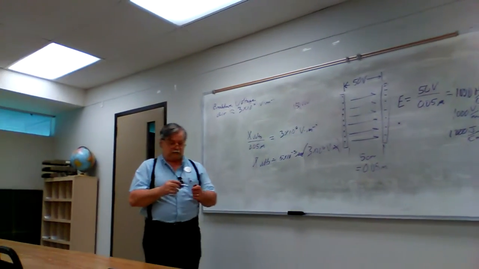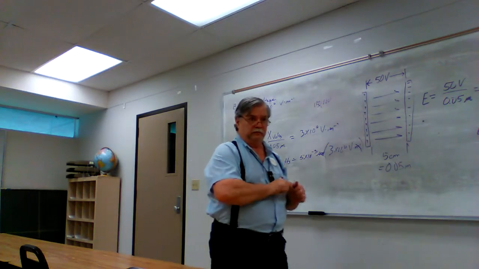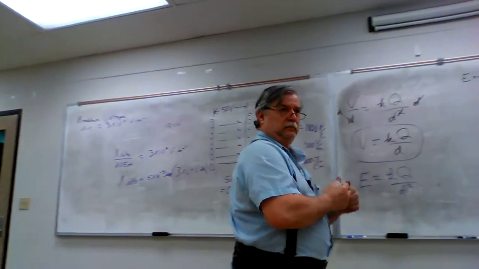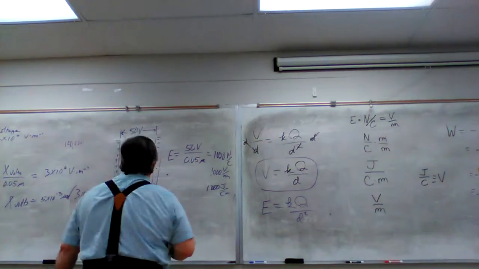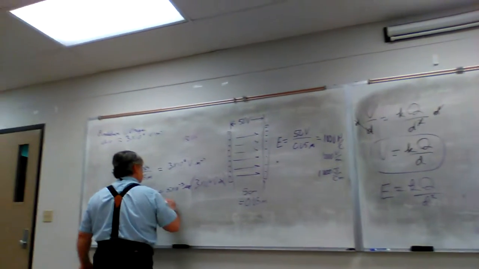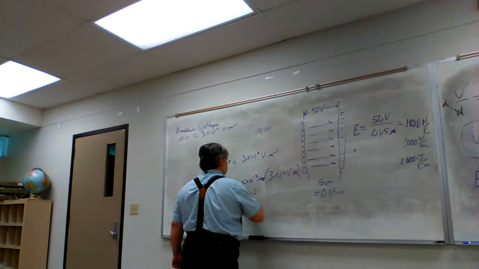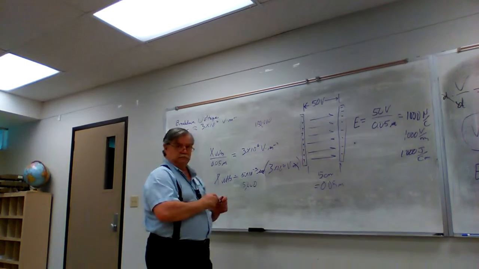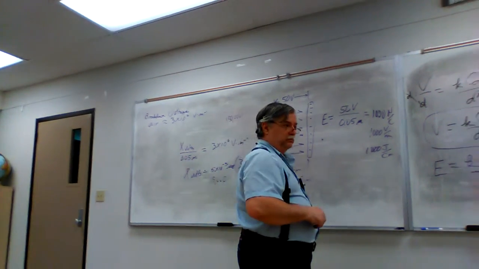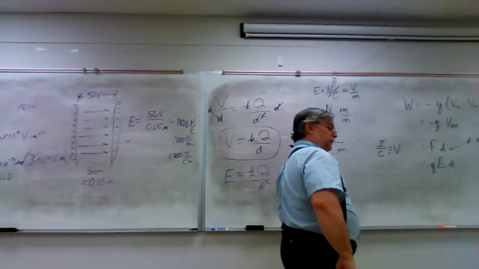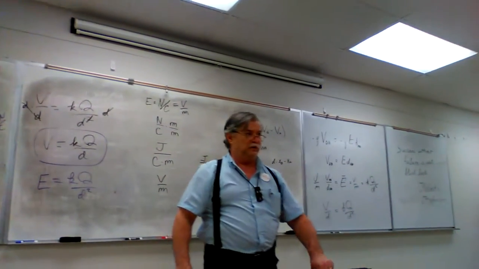What's 5 times 10 to the minus 3 times 3 million? That means you've produced a 15,000 volt potential difference to produce a 5 millimeter spark.